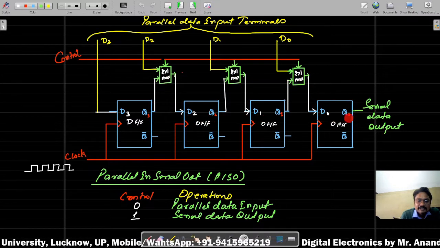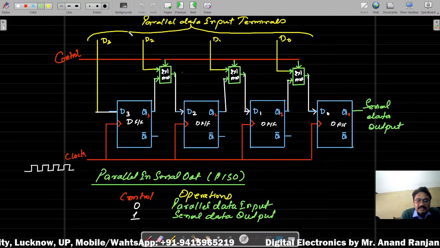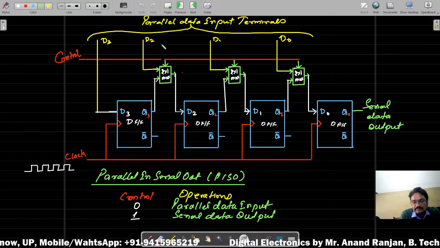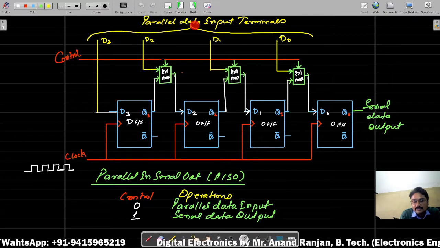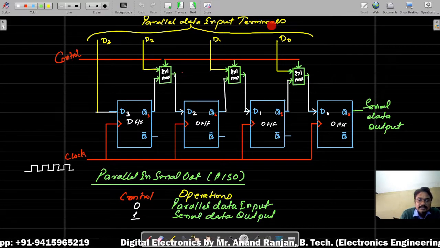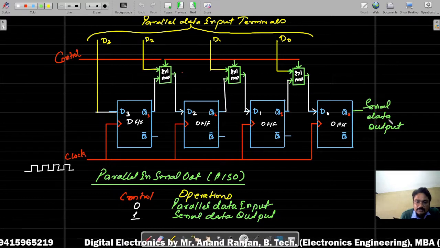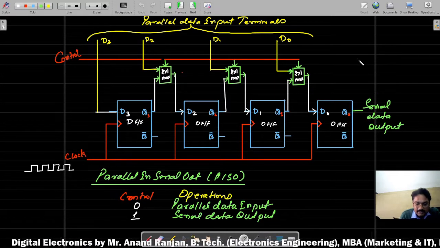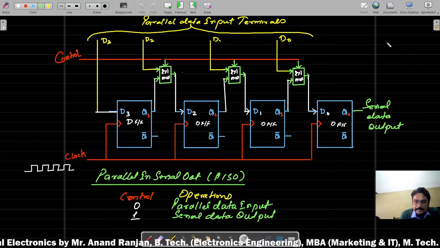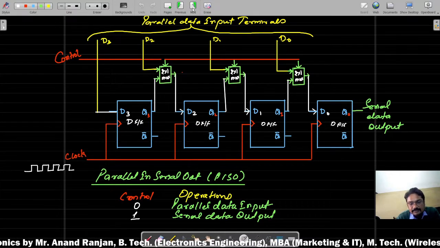That's why we call this arrangement of flip flops a parallel data input and serial data output register, or PISO, parallel data in serial data out.